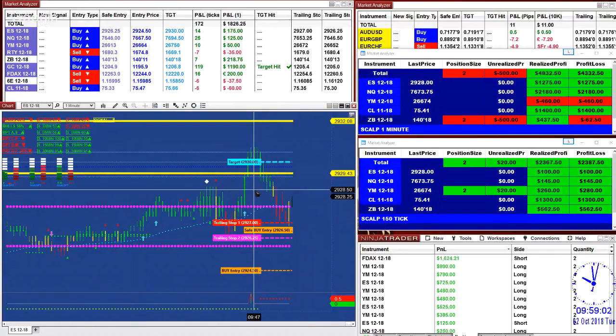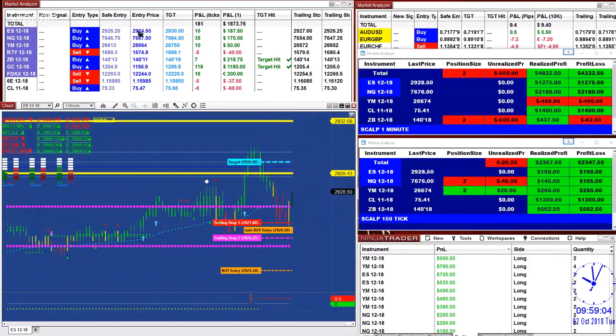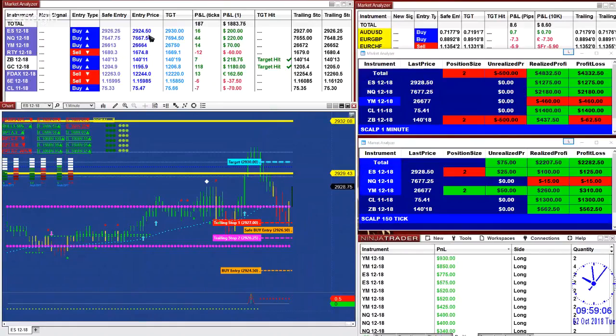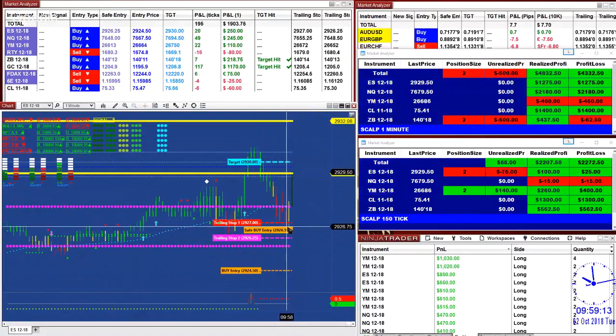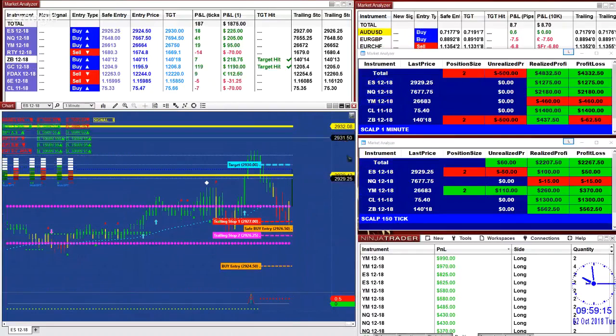The market re-entry was 2924.50. Look where the pullback was. And now it's going to fly again.